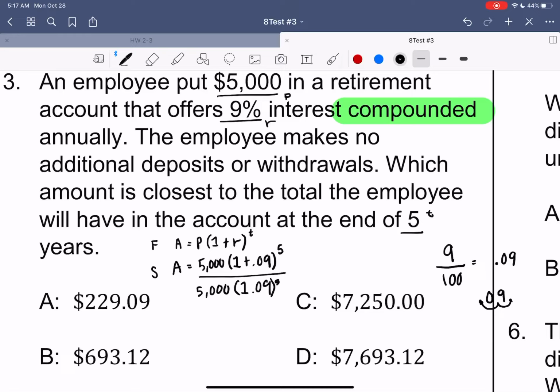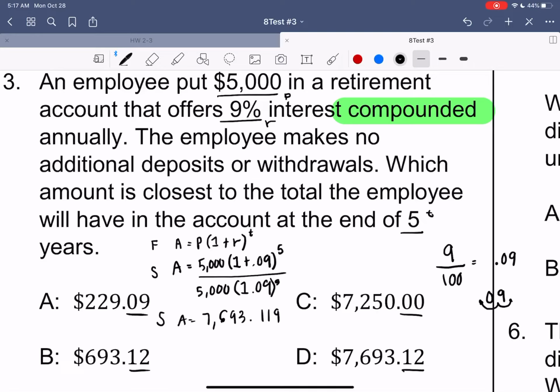And when I solve this, I'm going to get 7,693.1. So A equals 7,693.119. But if you see here, all of these are rounded to 2 decimal places.